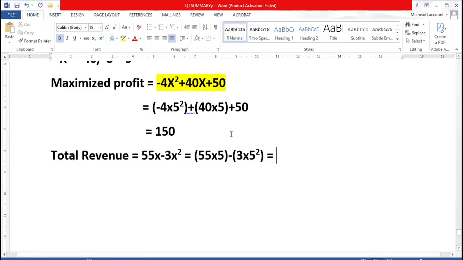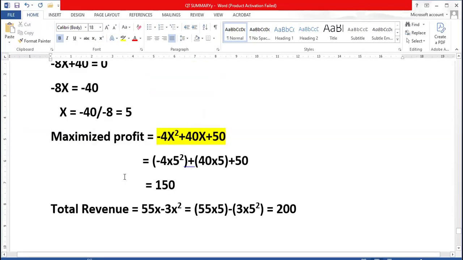What do you get on your calculator? You get what? 400? 200. Any question?